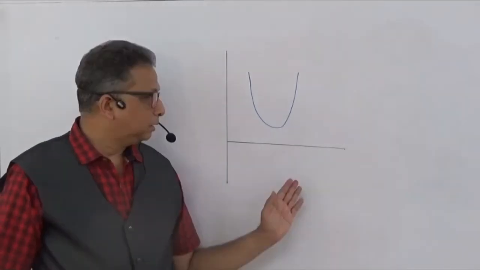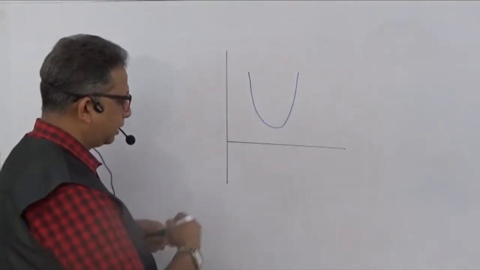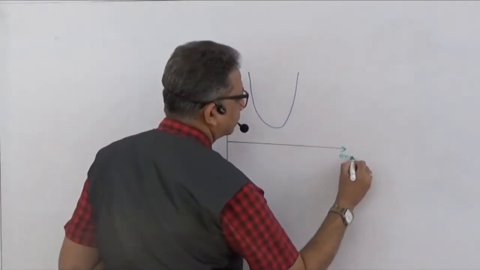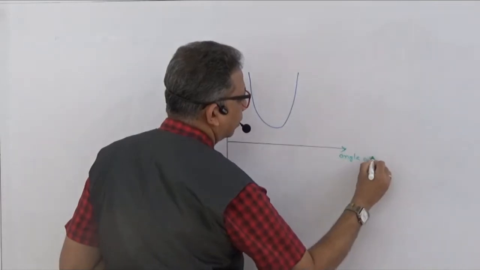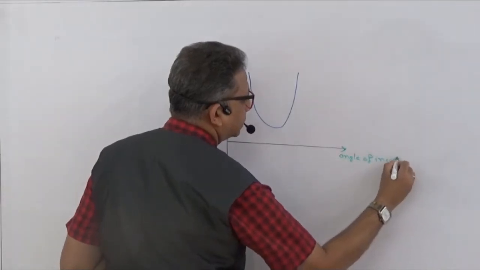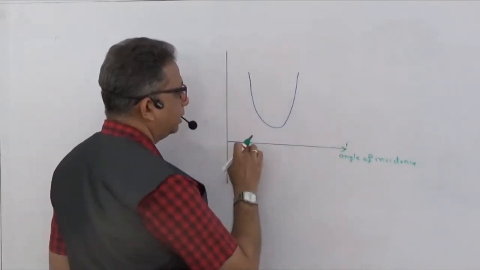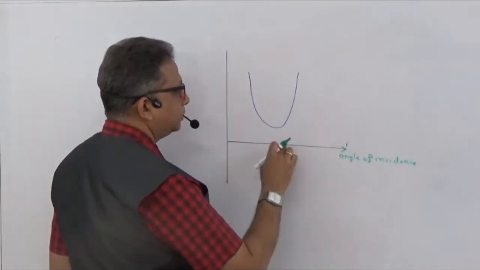Okay, now you can see this graph shows on the x-axis the angle of incidence. That is, this is the angle I which is being shown, which will vary from 0 to 90.